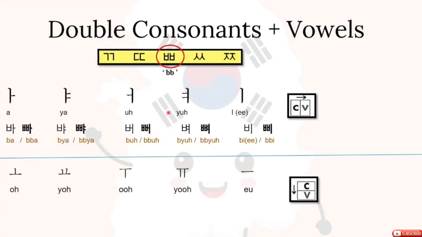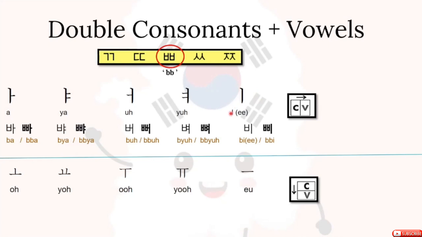Next one. B and yo becomes 뼈. For double consonant, b and yo becomes 뼈. 뼈, 뼈, 뼈. Next one.